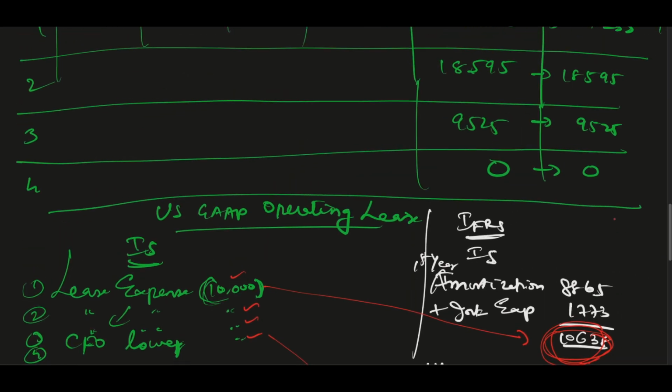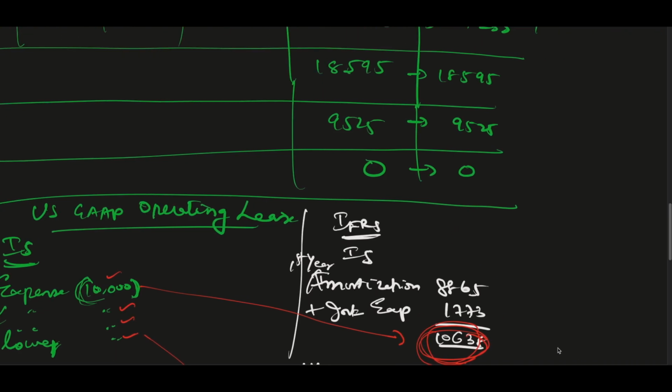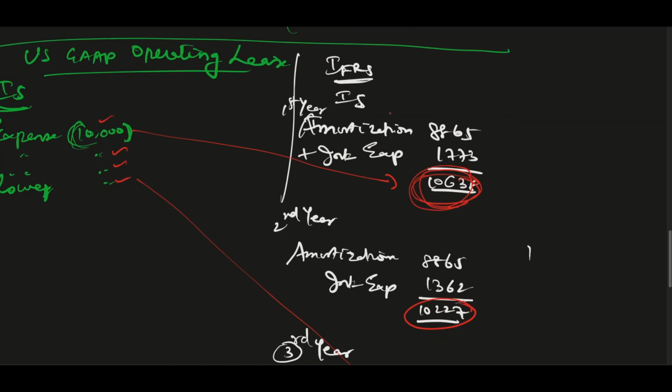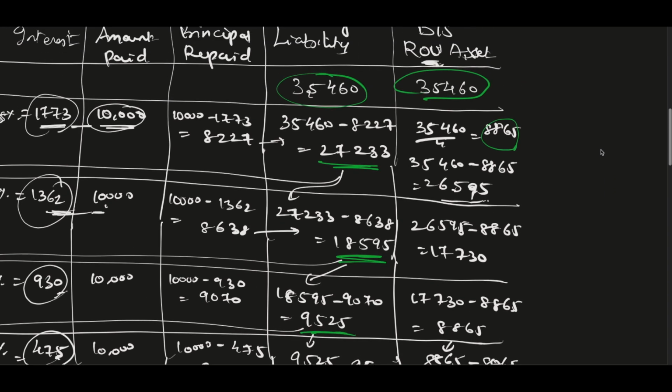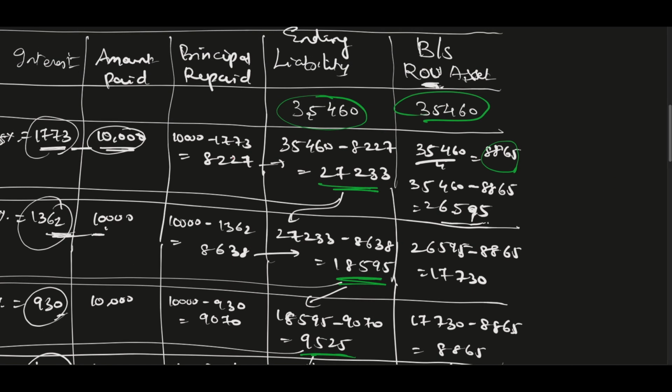Fine. Here in the income statement, they are showing amortization 8865 and interest expense 1773, and because it is structured as a financing one, this 8227 is the principal repaid.